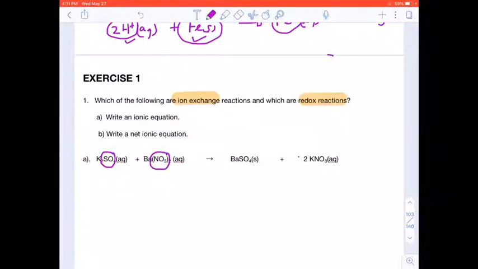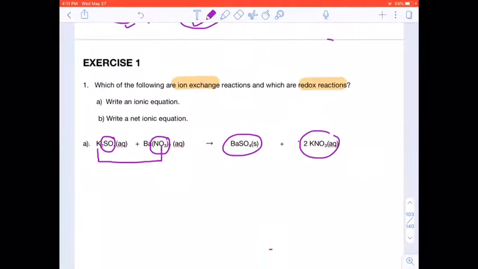K exchanges partners and links up with NO3. So there you can see KNO3, and here Ba links up with the sulfate. Okay, so this is an ion exchange reaction.